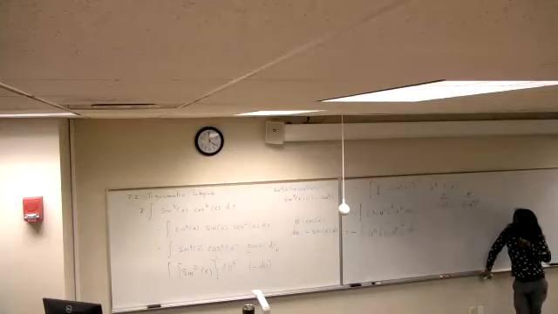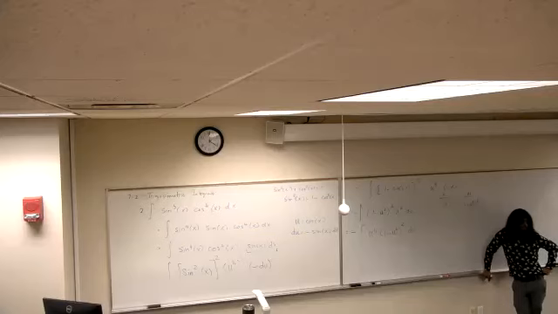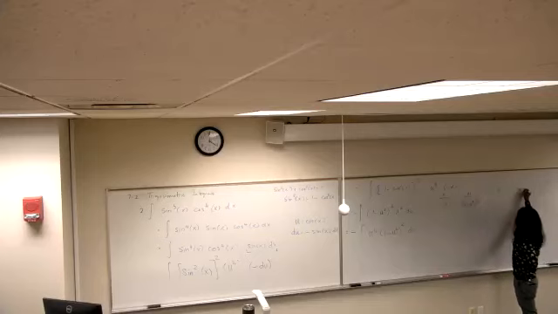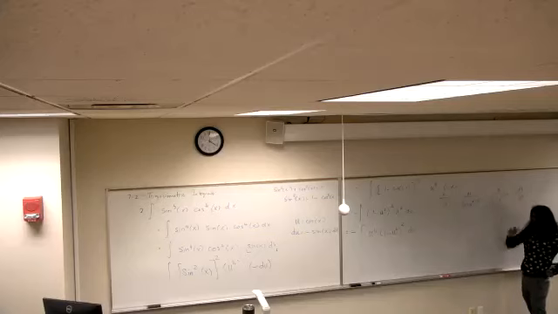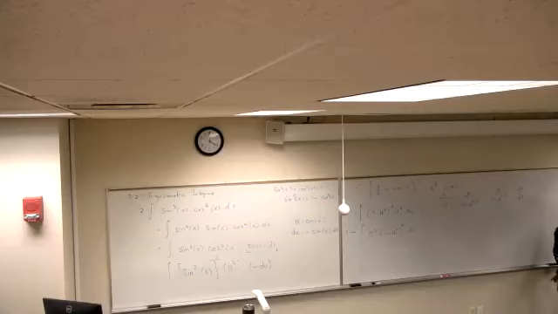Yes? What is another way of doing this? U dv, 1 minus u squared squared, u raised to 4 of the 2. One of them's easier. Which one? That one, why?